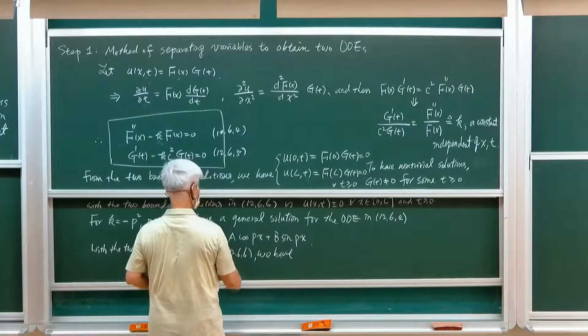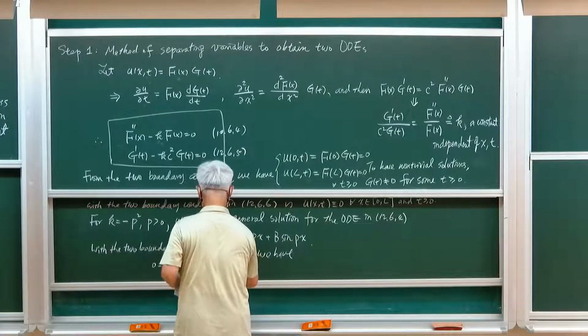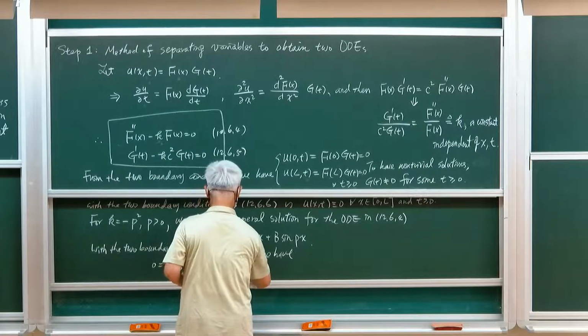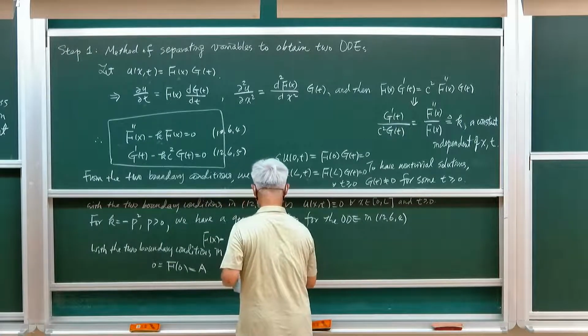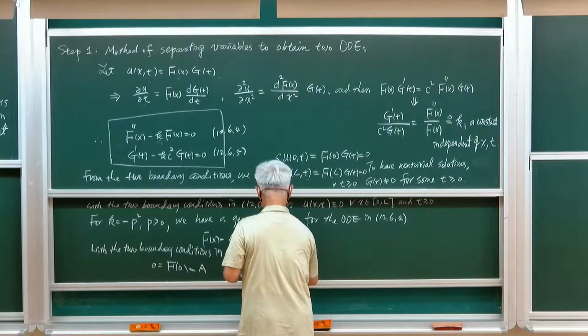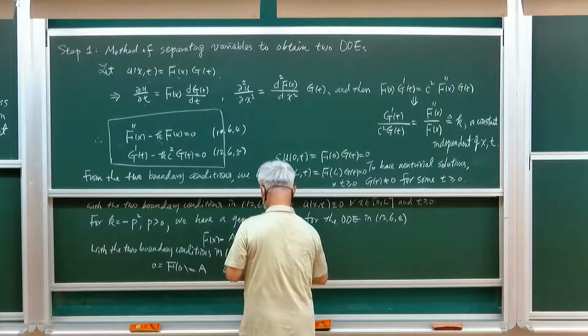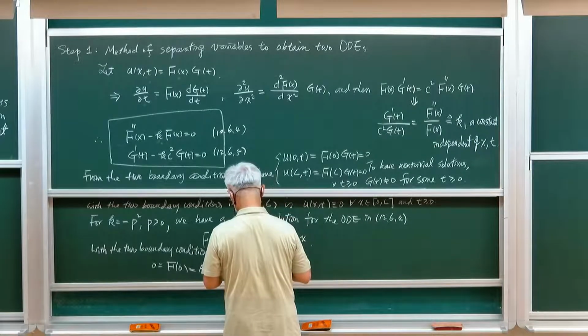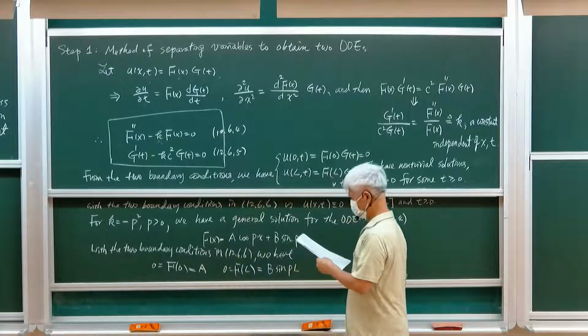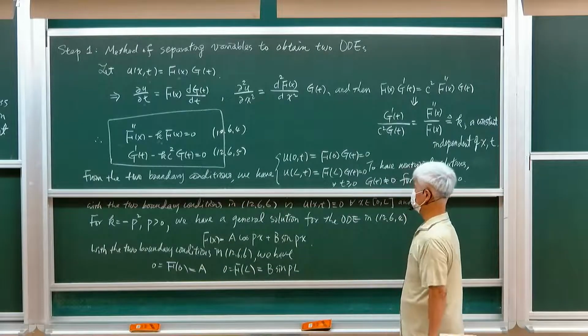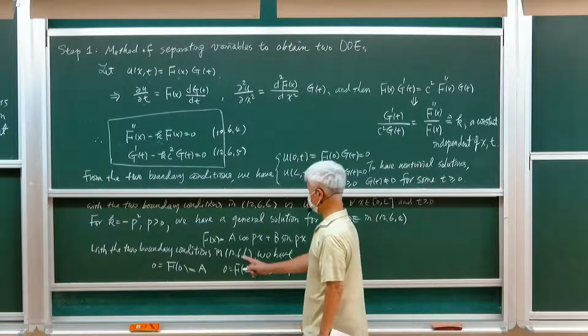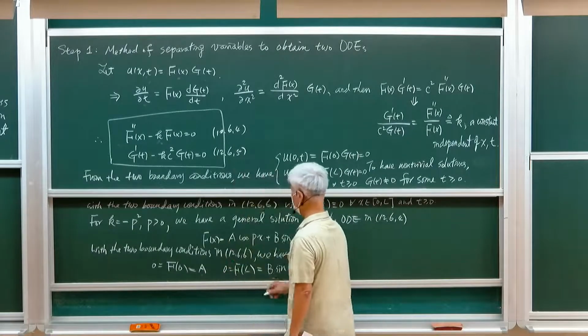Okay, so A is 0, and 0 equal to F(L), which is equal to B sine pL.